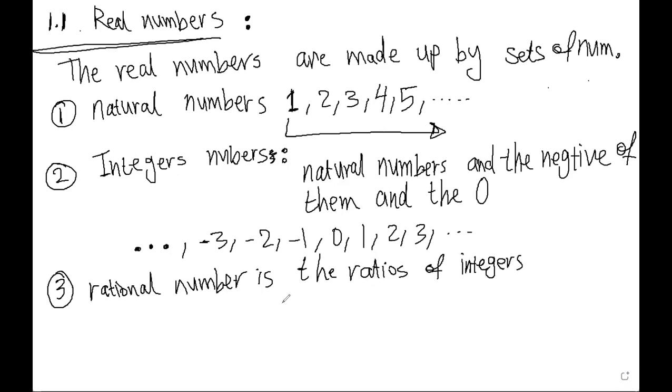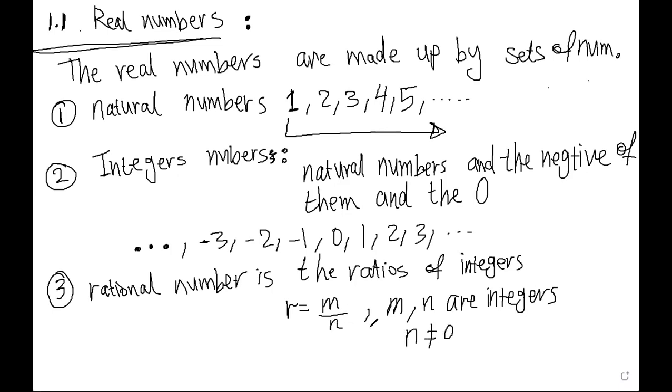I mean by that, R equals M over N. Any fraction that looks like this is called a rational number, such that both M and N are integers, and N is not equal to 0.